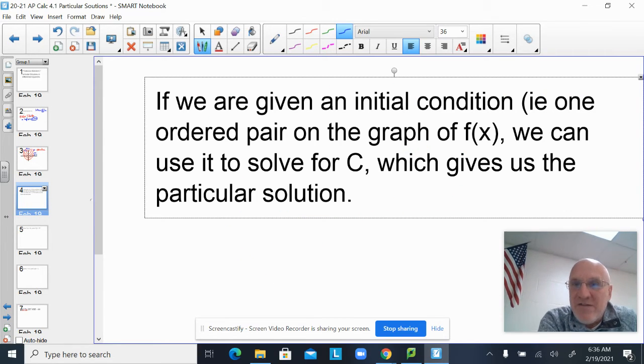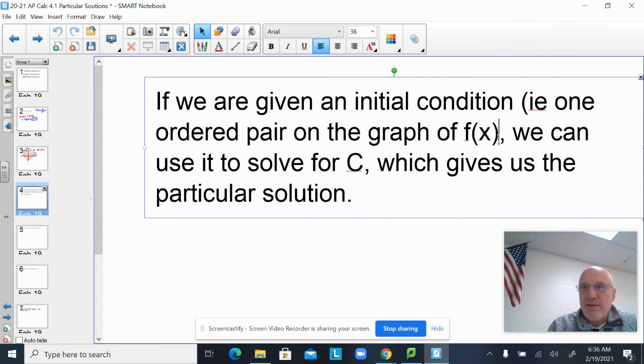It says if we are given an initial condition, and that's the term, an initial condition, i.e. one ordered pair on the graph of f of x, because I'm missing a parenthesis there, we can use that ordered pair to solve for c. Let's figure out what the constant of integration is. And that gives us what's called the particular solution.